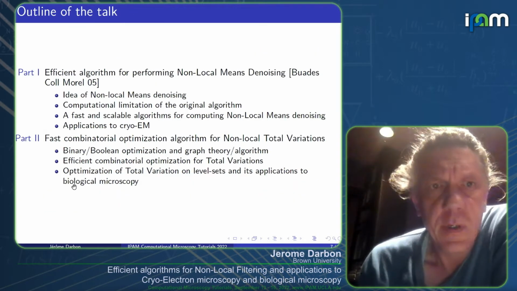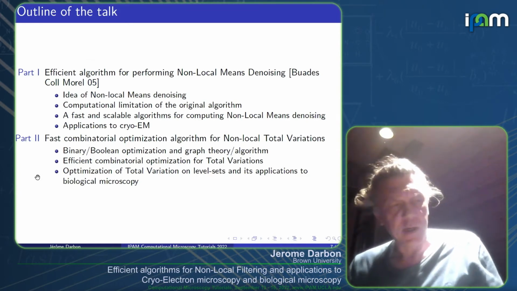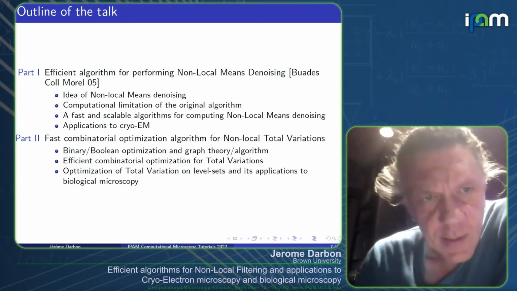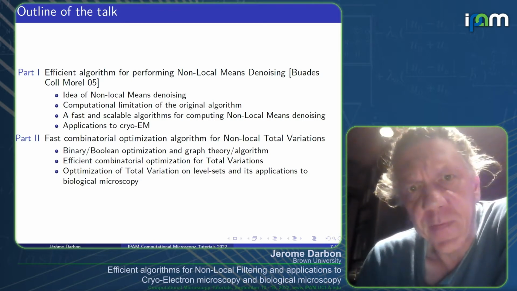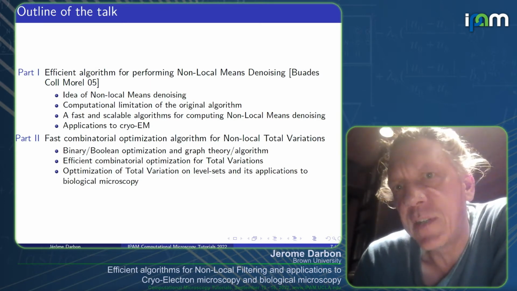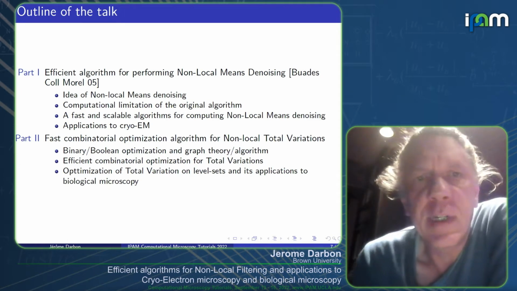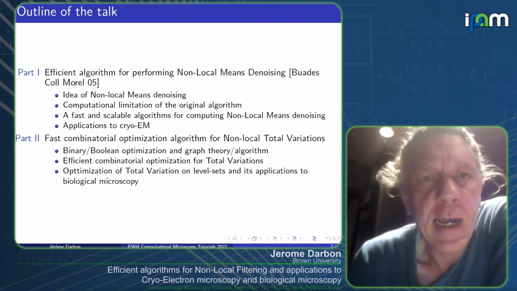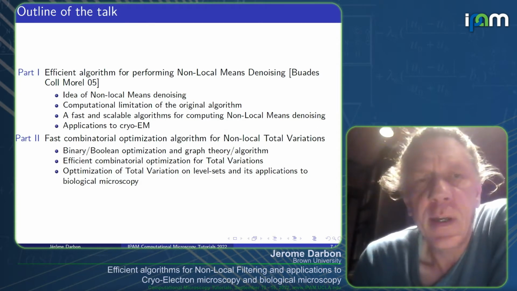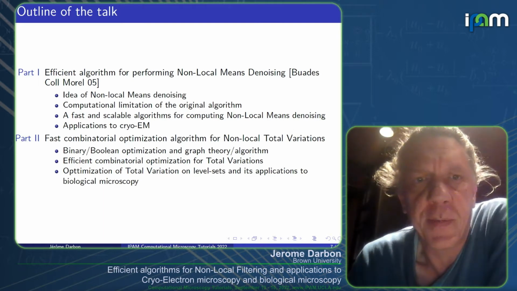So the outline of the talk is as follows. There are two parts. The first part is about presenting a super efficient algorithm for implementing the original non-local means denoising proposed by Buades, Coll and Morel. So I will give you the big idea of non-local means, and I will also tell you the computational limitation of the original algorithm.